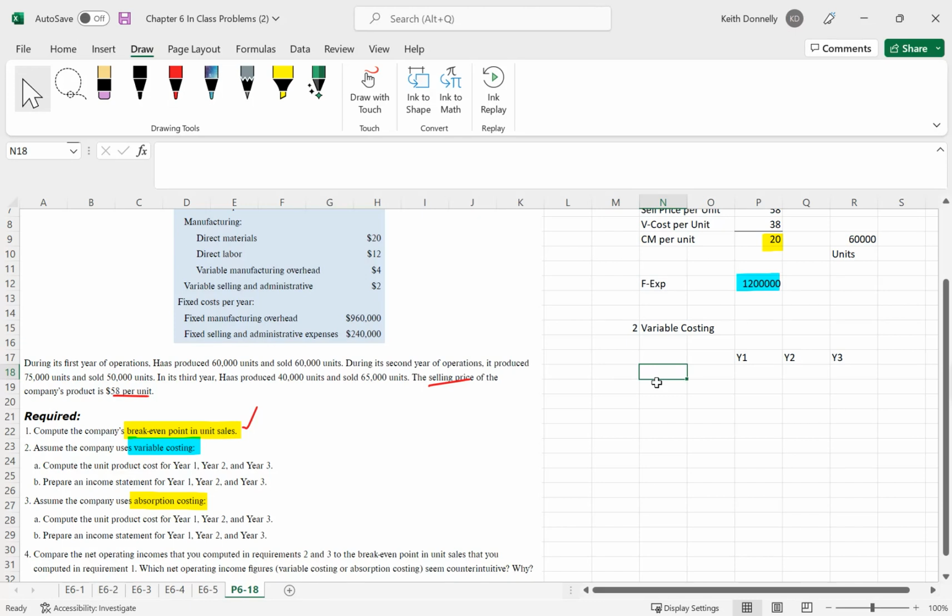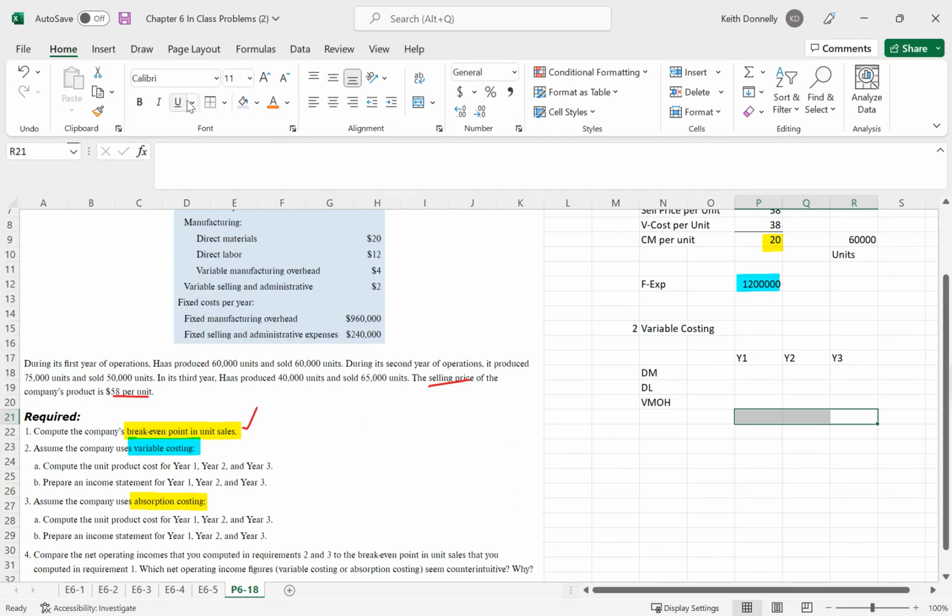So it's going to be our direct materials, our direct labor, and then our variable manufacturing overhead. We're not going to include our fixed manufacturing overhead because this is variable costing. So this will give us our variable costing unit cost.